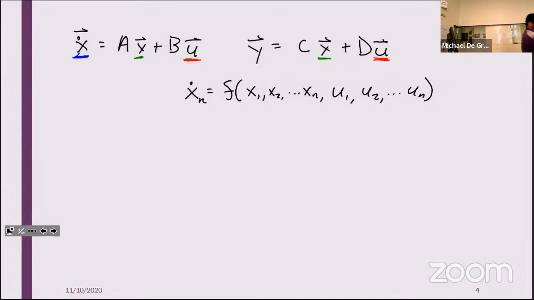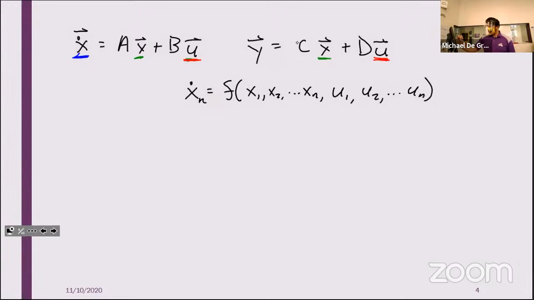This is what we're trying to make. And we have n of these. How many do we have? Well, what is the order of my system? That's how many I'm going to have, because I need n state variables. Second order system, I'm going to have 2.